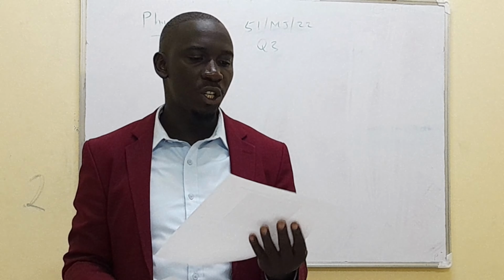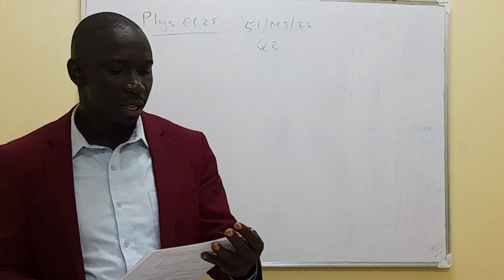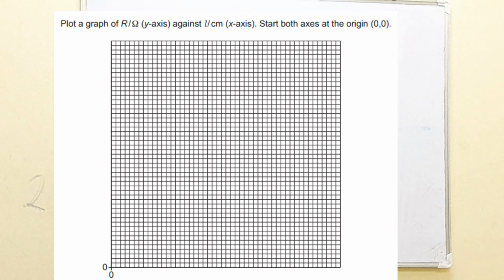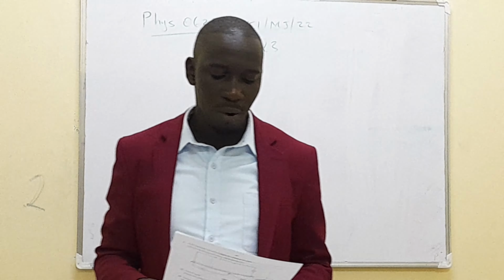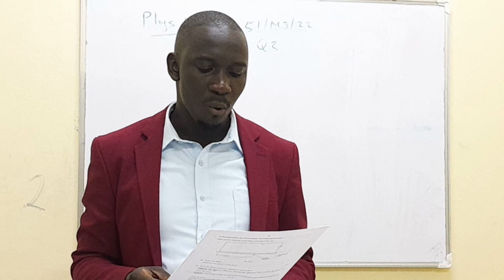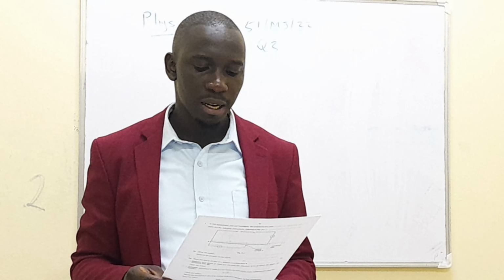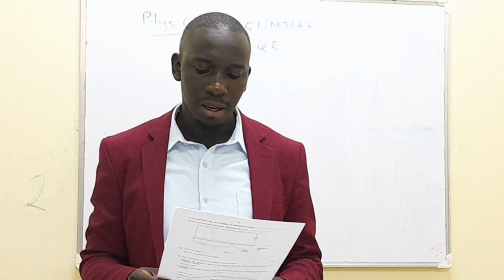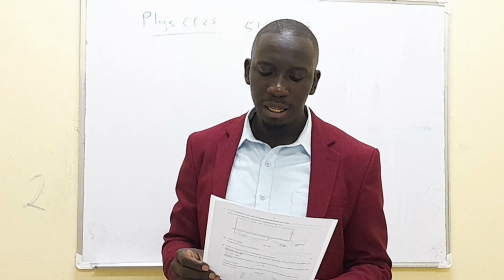Open the switch. Then part C: plot a graph of R on the y-axis against L on the x-axis. Start both axes at the origin, 0, 0. Part D: use your graph to determine the resistance of 50 cm of the resistance wire. Show clearly on the graph how you obtain the necessary information.